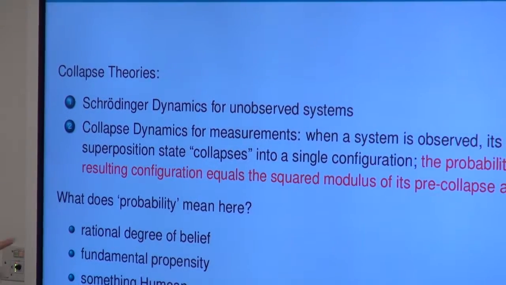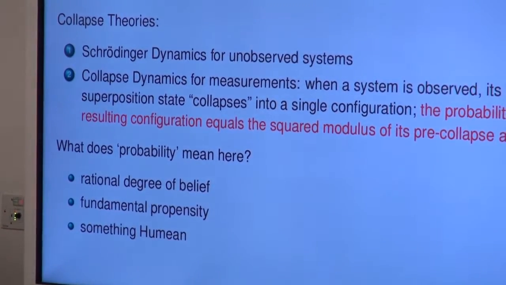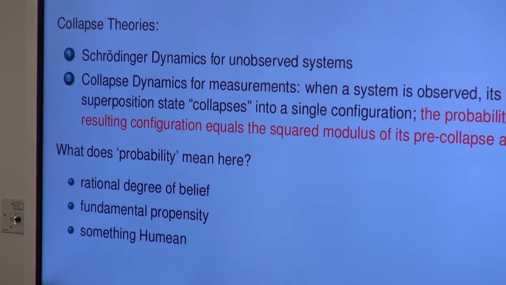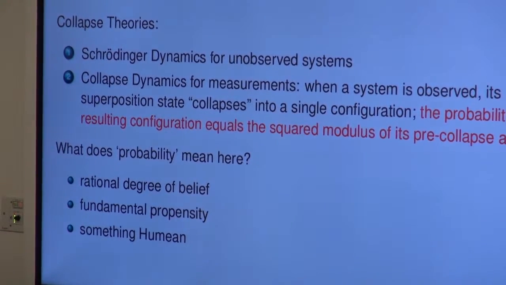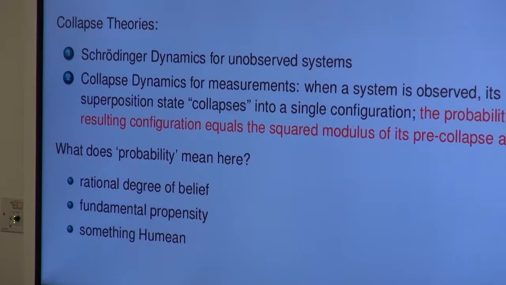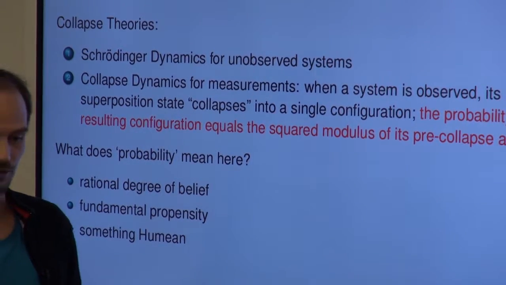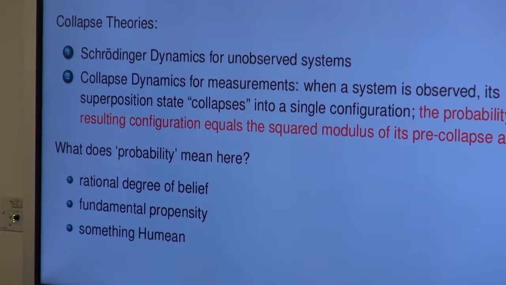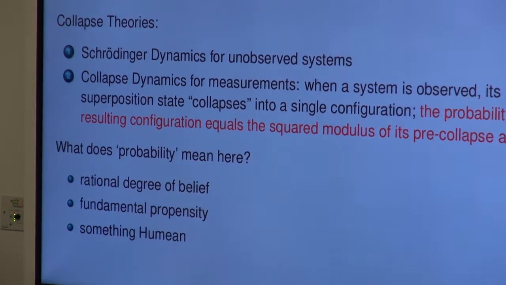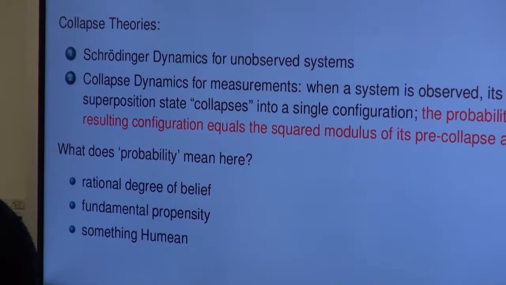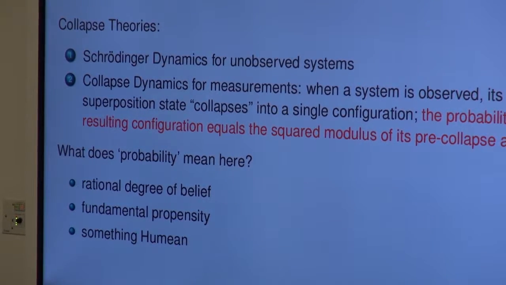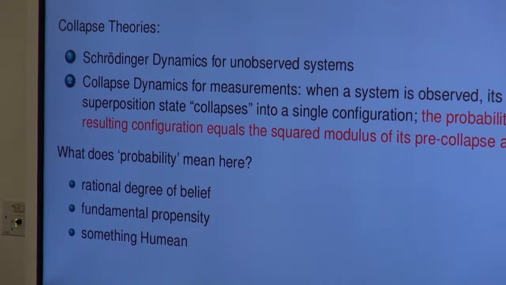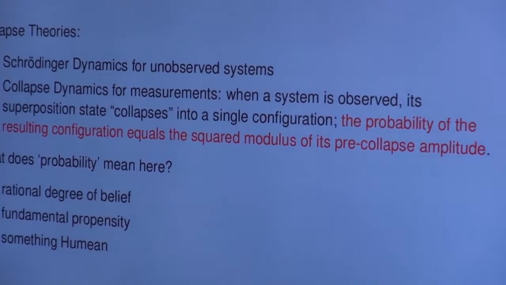The first says probability here means rational degree of belief, so an epistemic theory of probability. The second says that they're fundamental propensities, fundamental physical properties that determine a state's propensity to evolve in one way or another, and it's not reducible to anything else. And the third possibility is that probability here means something Humean, something like frequency.